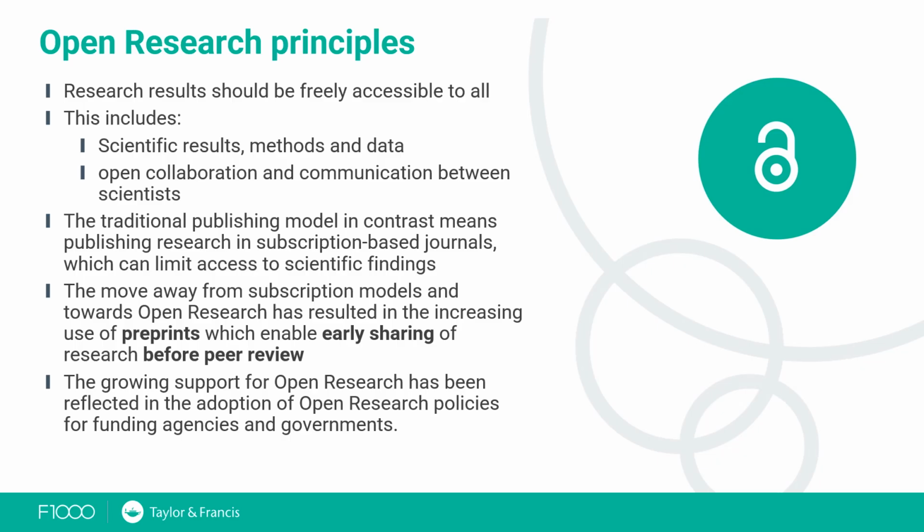So you don't get to see the versions of a manuscript that were prepared before the version that was accepted. All you get to see is the articles that were accepted for publication. You don't get to see the peer review reports or the names of the peer reviewers themselves either, and how the authors responded to that process. So that all happens in a closed fashion, and open research tries to shine the spotlight and open up that process to wider scrutiny and understanding.